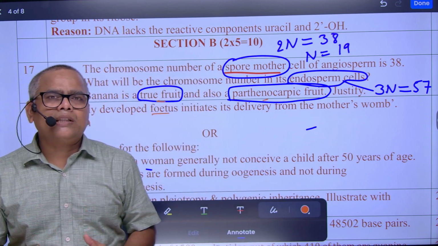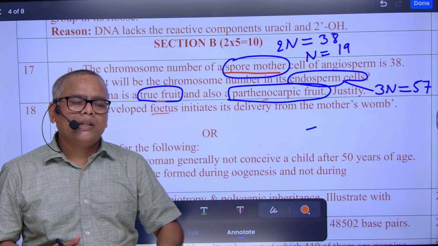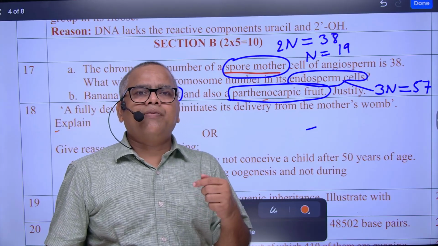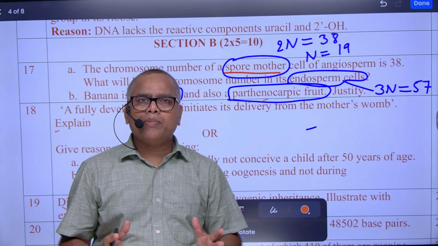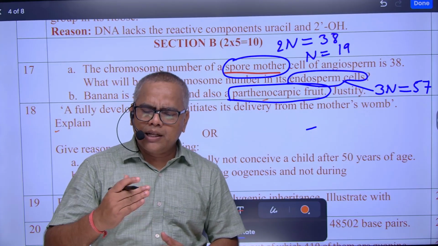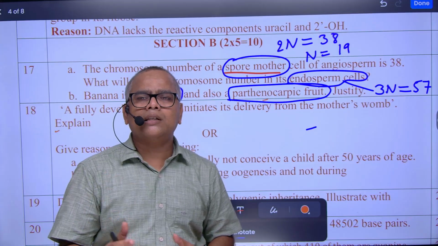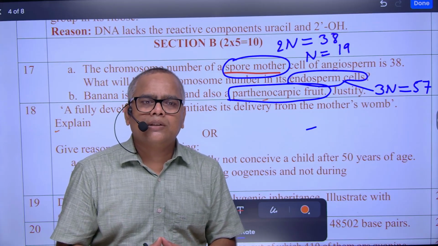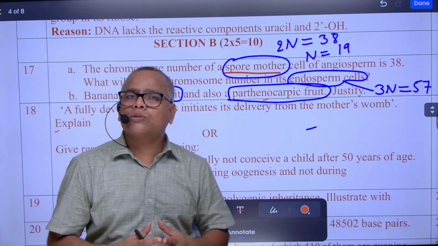Once the fetus is completely developed, the fetus itself works to initiate the reflex for its own ejection. So when there is complete development of the fetus, there is initiation of the fetal ejection reflex, and that reflex is assisted by different changes. These changes include hormonal changes and muscular changes.